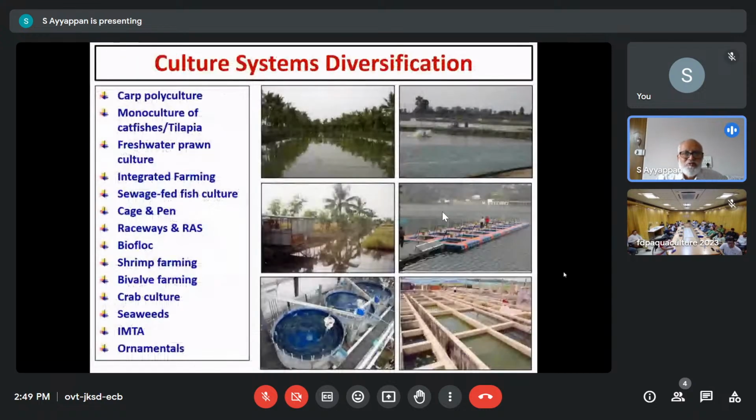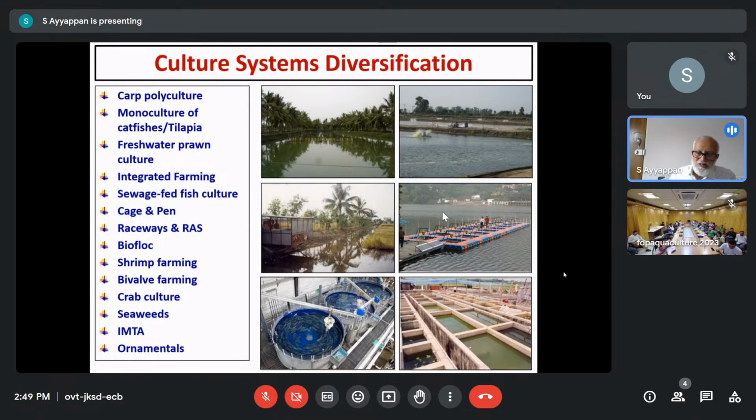Now, when it comes to culture system diversification, several variants are possible. Polyculture in ponds, monoculture, prawn culture, integrated farming, sewage fed fisheries, you must be knowing about it, cage and pen, raceways, recirculated aquaculture systems, biofloc being discussed recently, shrimp farming, bivalves.